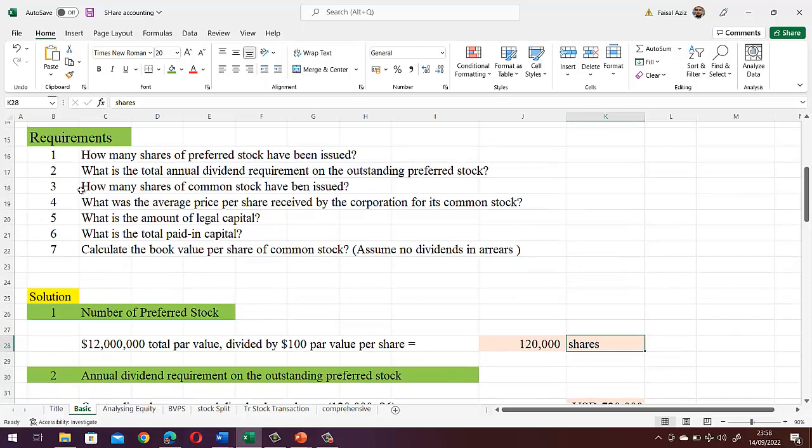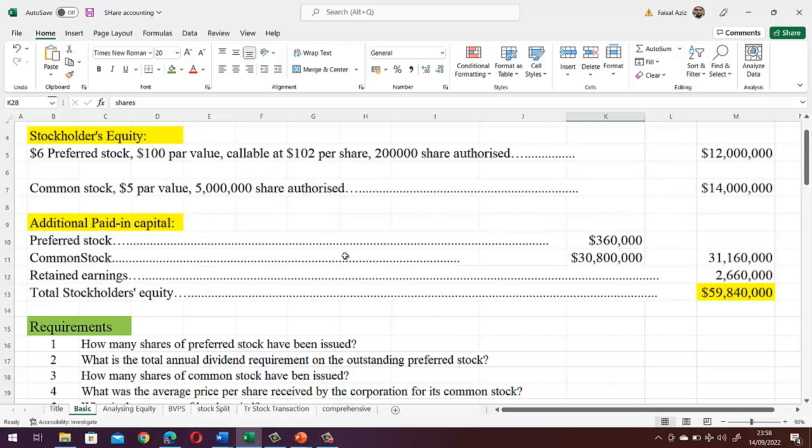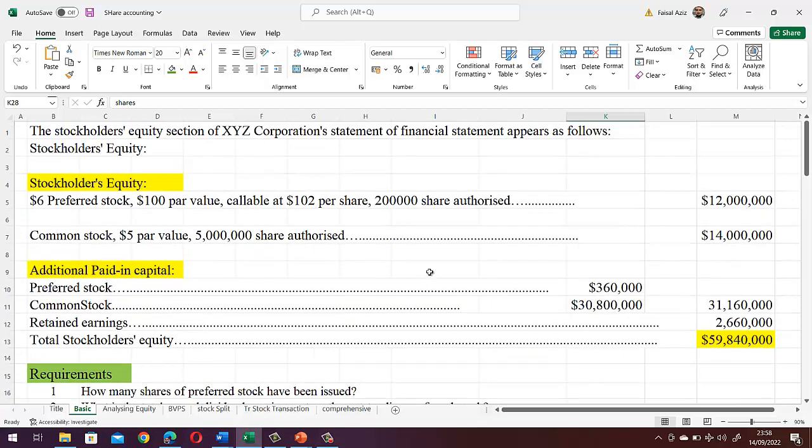The third requirement asks how many shares of common stock have been issued. For common stock, you can see that the par value is $5 and 5 million shares are authorized, and the total amount received after selling the common stock is 14 million.